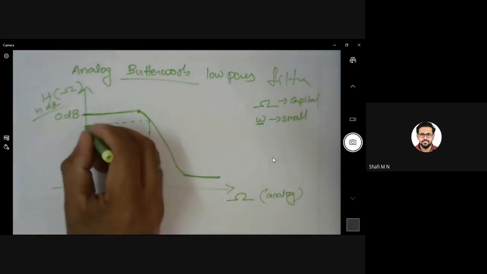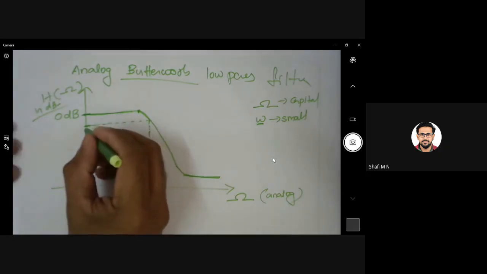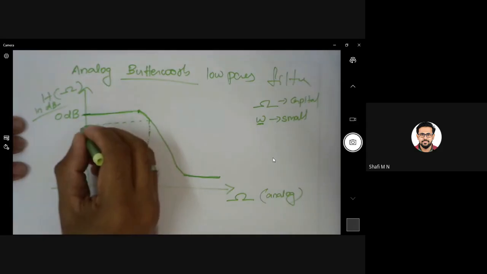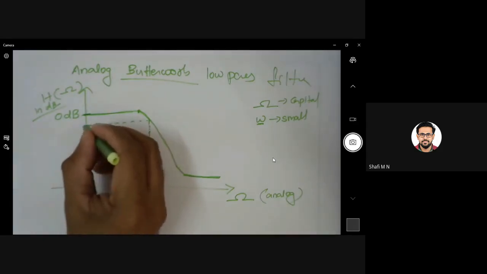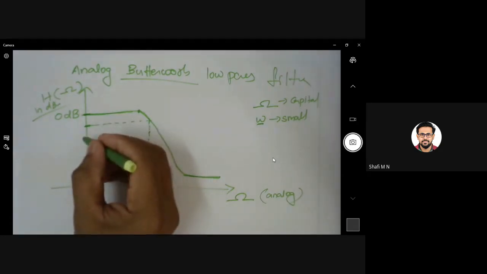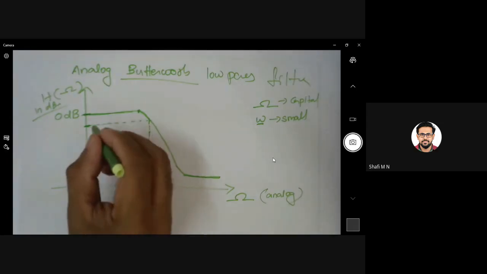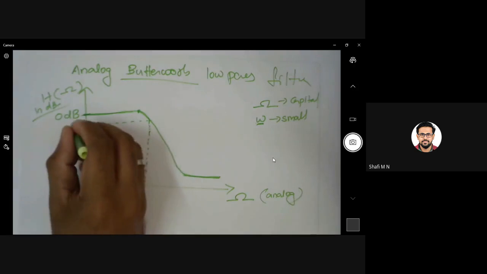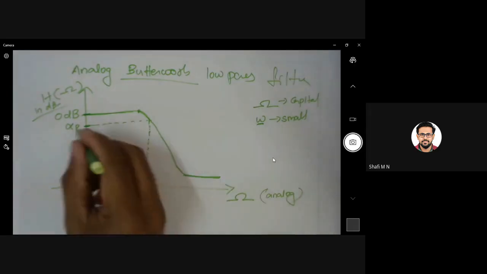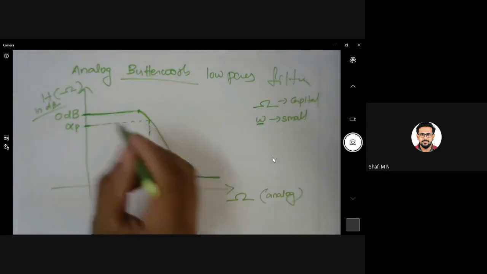So what was the notation that we used in your lab classes? RP in MATLAB. So you can call it alpha P, or delta. So this is the pass band tolerance.